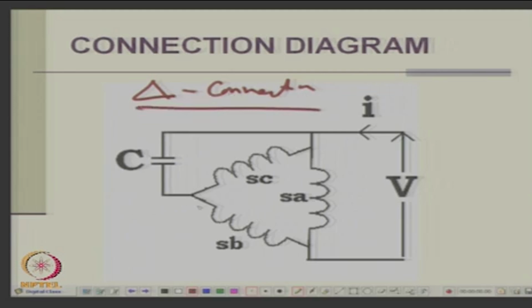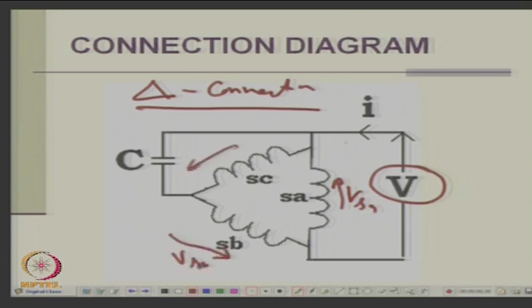In the delta connection you have a normal delta connected motor. Then you connect a single phase voltage source here, this is the current, and these are the 3 phase voltages VSA, VSB, VSC, carrying currents ISA, ISB, ISC, and it will also carry a current IC, say, going to the capacitor connected here, and this will work.